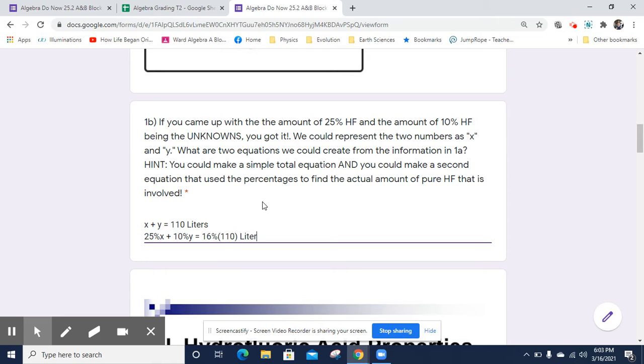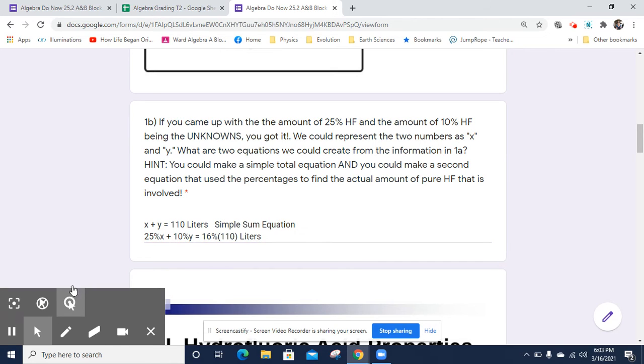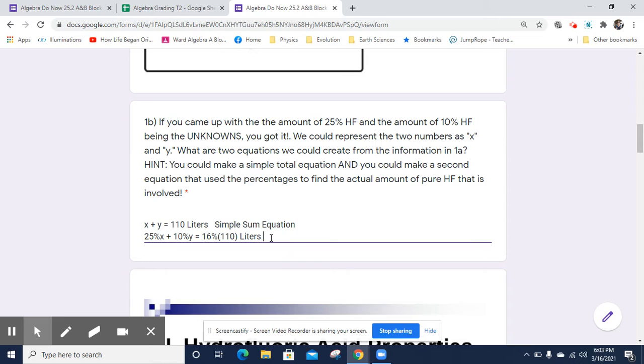So this first one is just the simple sum equation. And this one here is the hydrofluoric acid equation. This is basically the sum of the pure hydrofluoric acid, the portion that is hydrofluoric acid. Okay, so those are your two equations.